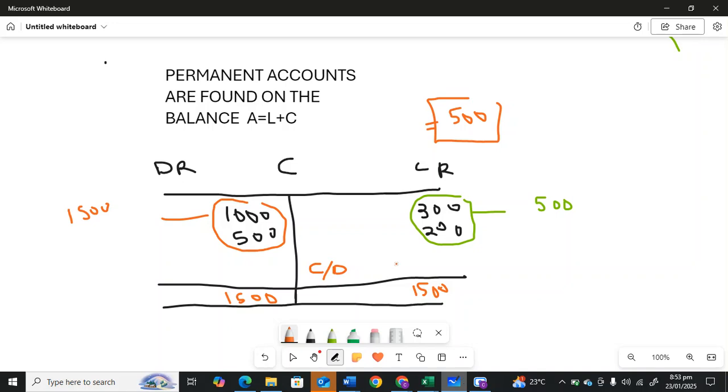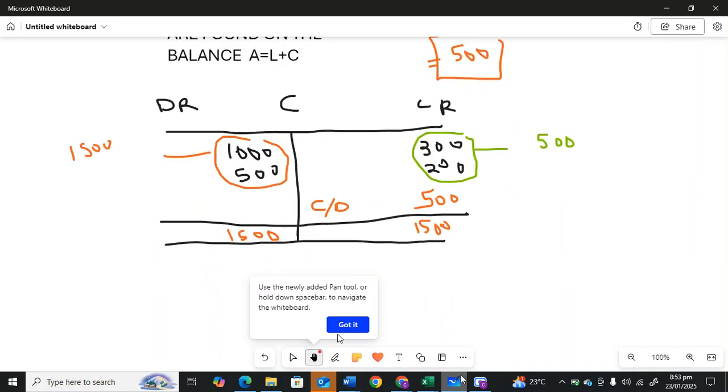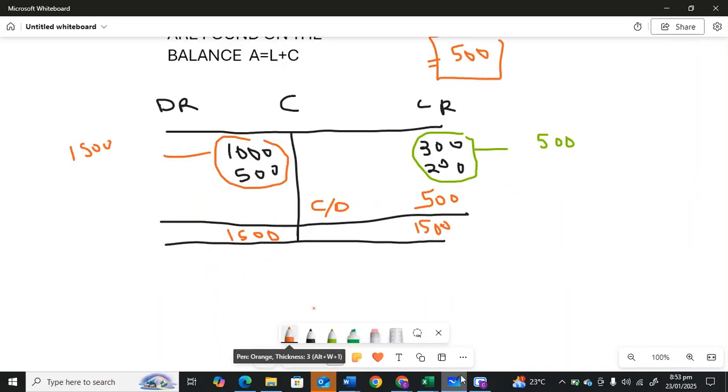We're going to say the balance carried down is 500. Then at the beginning of the next period, we're going to bring our balance brought down. So if our balance carried down was on the 31st of January, our balance brought down will be on the 1st of February.